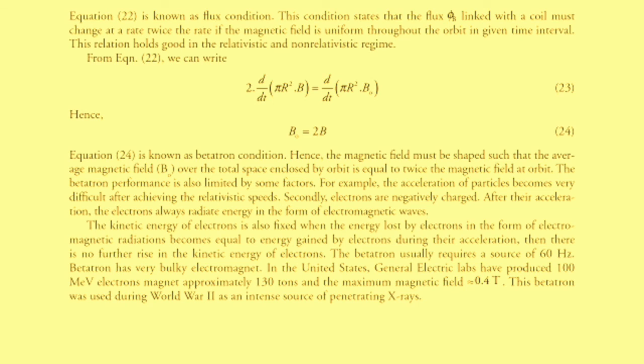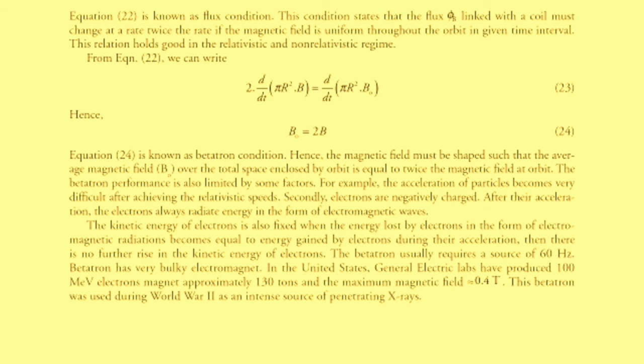Equation number 22 we can also write as 2 d/dt of (πr² B) is equal to d/dt of (πr² B₀), where B₀ is the average magnetic field. On simplification, we get B₀ is equal to 2B. This equation number 24 is known as the Betatron condition.